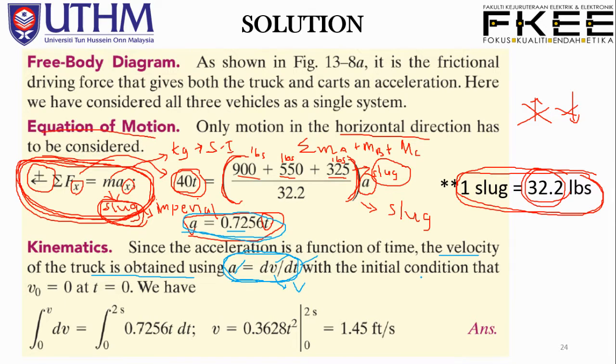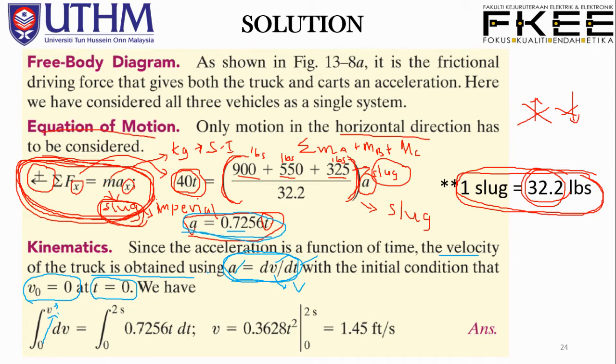The initial condition is v naught equals zero, because it starts from rest, a standstill position with no speed in the beginning, and of course t is also zero. It has not started moving yet. So we have dv from 0 at rest to v, the value of v we are going to obtain.